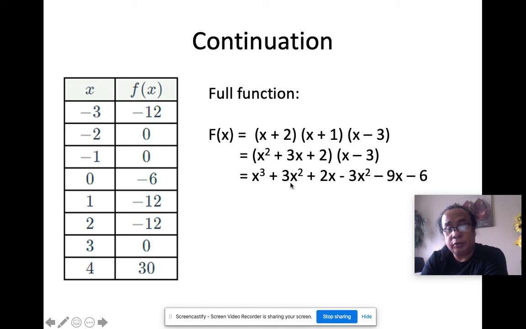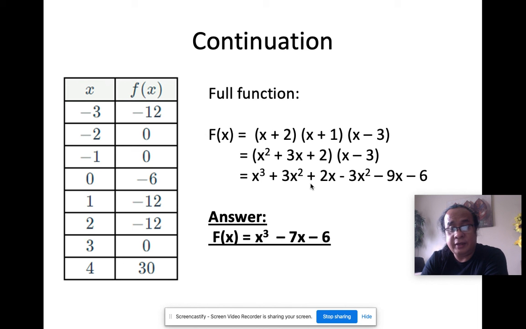So notice that 3x squared cancels with the minus 3x squared right there. I get x cubed minus 7x minus 6. Okay, so this is how you determine the equation based on the table. Okay, do you have any more questions? Okay.